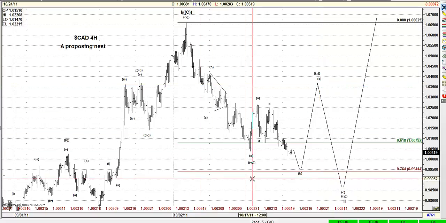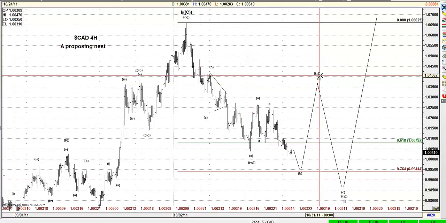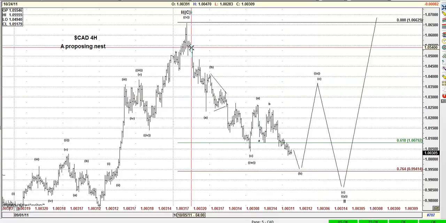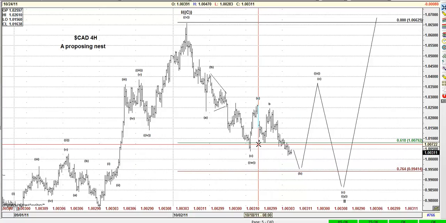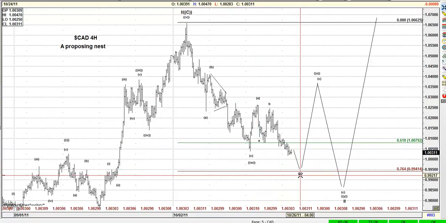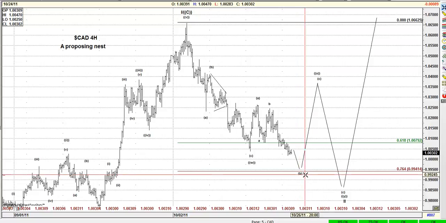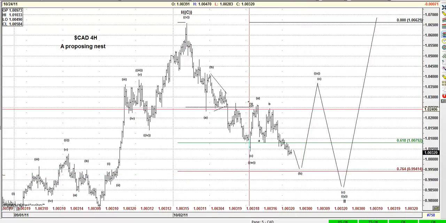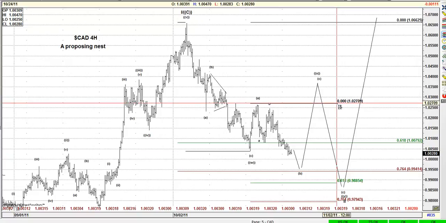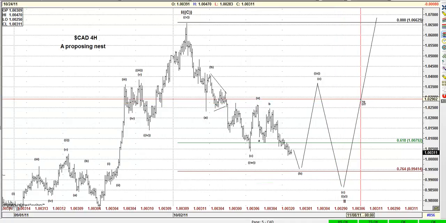This is a 3-wave move, W, X, Y. I see the CAD should find support at any moment, and in extension 99.41 is an extremely good support right there. Also, if we measure 1 and 3 right here, that's the case, 99.85, which is our third entry in the dollar CAD, and can add as support.